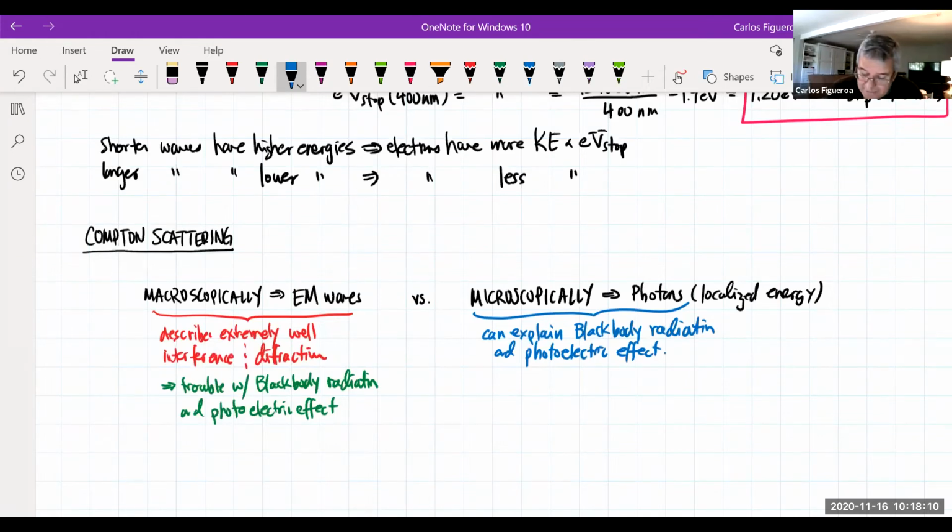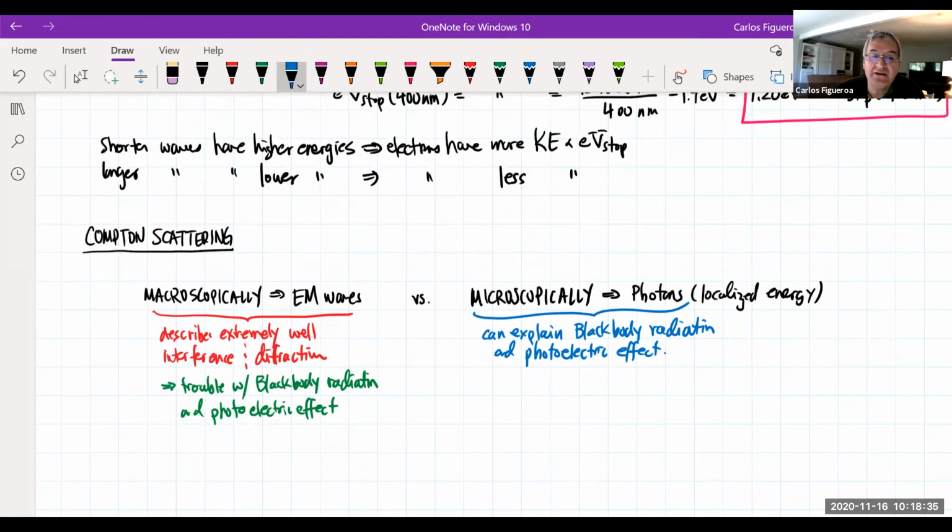Now, I want to say that at this time in the world, Einstein was literally alone. There might have been 10 people in the world that may have believed in the photon. Einstein fought tooth and nail for the photon. And in fact, he became quite stubborn at one point.